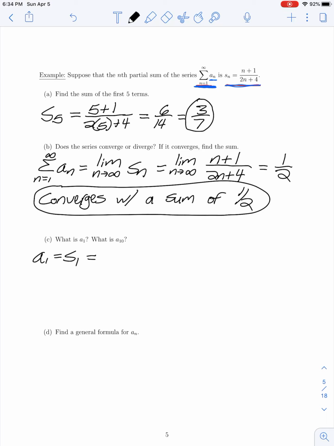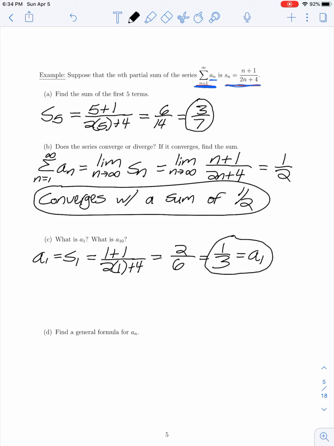So to get S1, we plug in 1 for n in our nth partial sum, and we have (1 + 1) over (2 times 1 + 4). So that leaves us with 2 over 6, or 1/3, for the first term of our series.